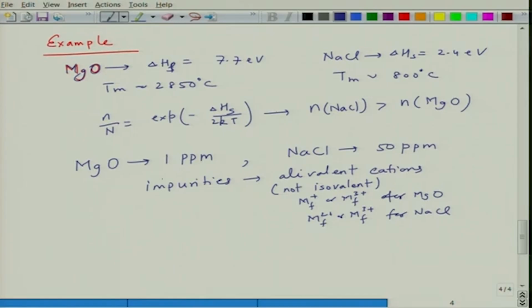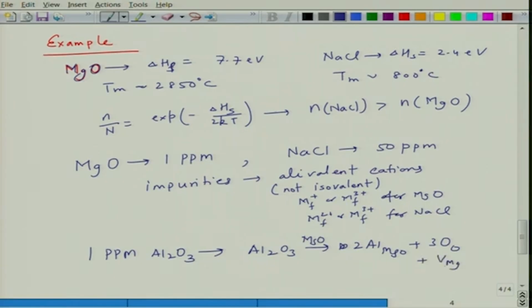So, in the case of MgO, when we put in 1 ppm of, let us say, Al2O3, what will you create? Al2O3 will go into MgO. Here the aluminum atoms go to the magnesium site, and the 3 oxygens go to oxygen sites, and then we create a vacancy of magnesium.